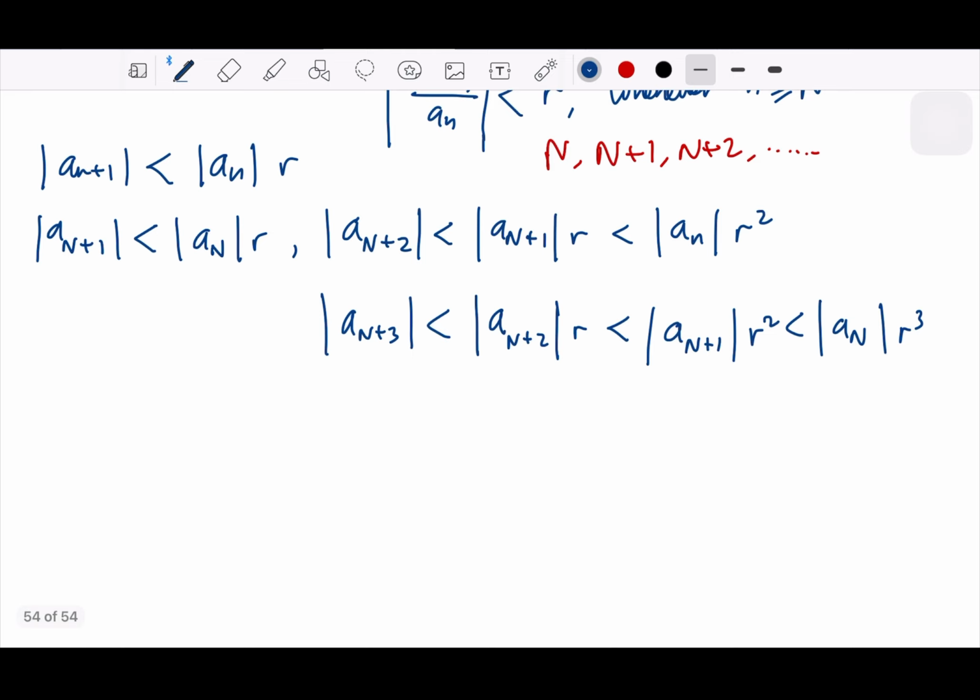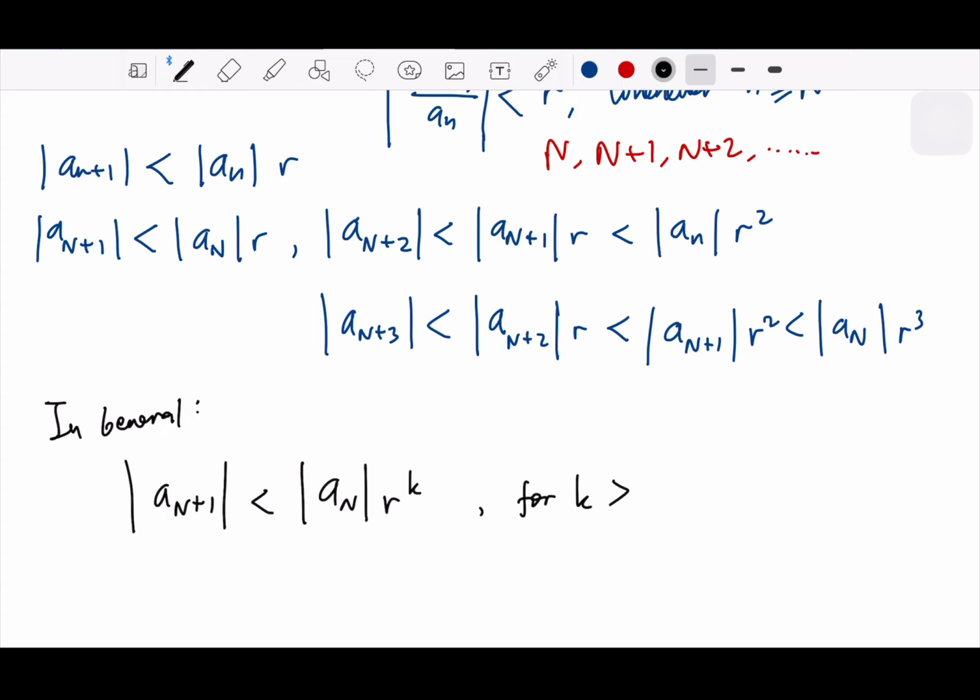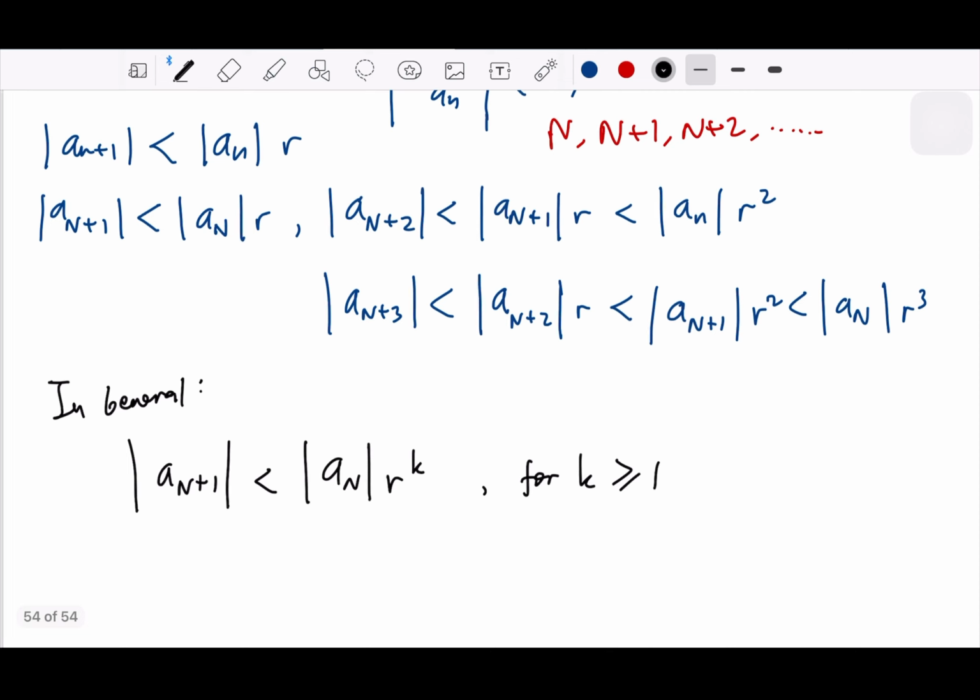And in general, you can say that a_{N+k} is less than a_N times R with power of k. This is for k greater than or equal to 1.